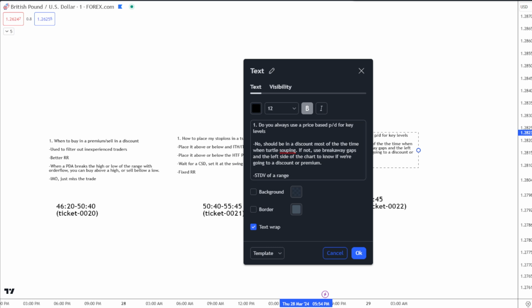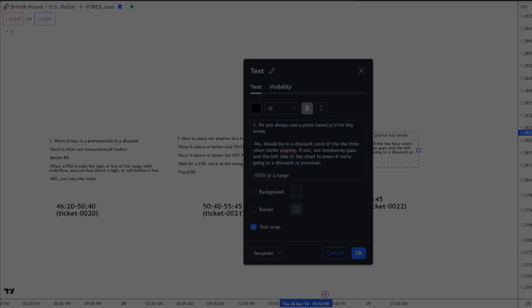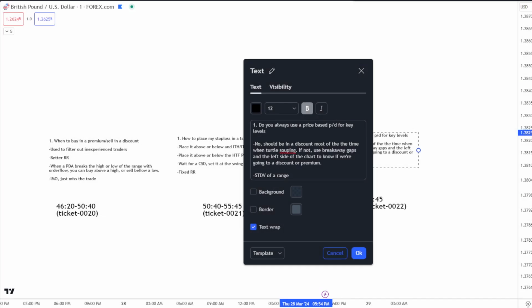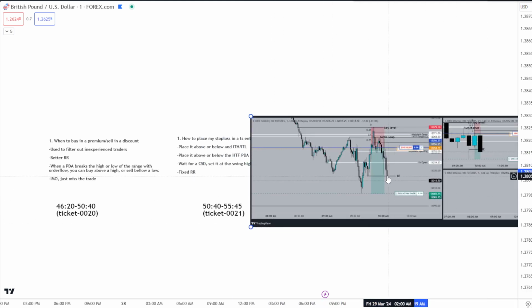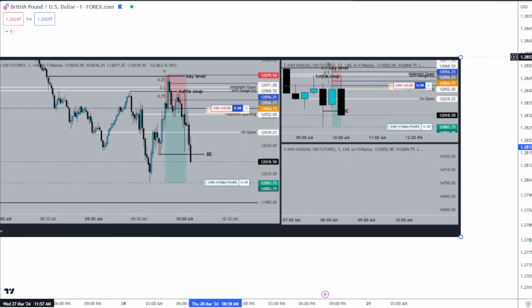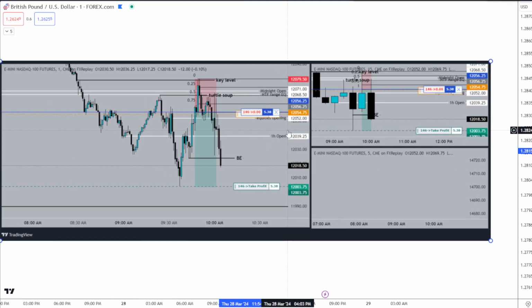How would you know to take a 5-minute market structure shift soup or the 1 minute below? How would I know to take the 5-minute soup or 1 minute below?